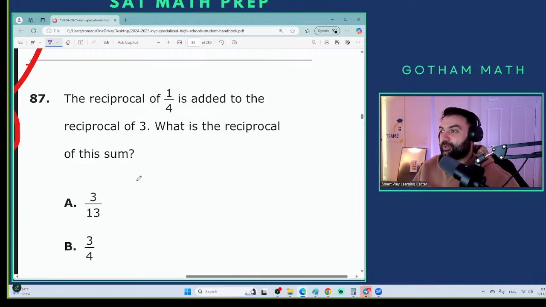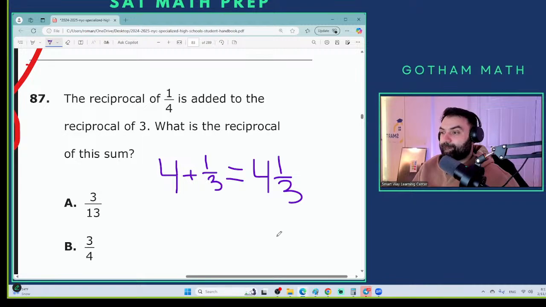What is the reciprocal of 1/4? Samir, what is it? The reciprocal of 1/4 is 4/1. Correct, or just 4. What is the reciprocal of 1/3? 3. So the sum is 4 plus 3... it's going to be 7? No wait, the sum is 4 and 1/3.